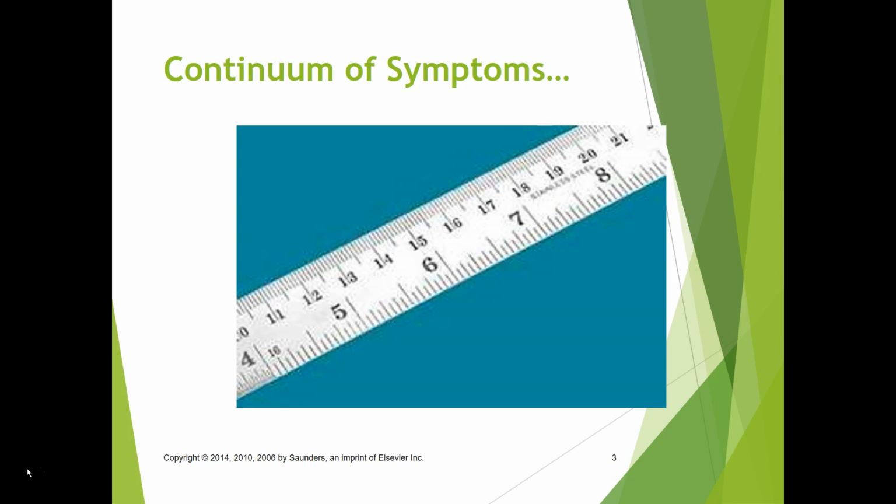You might have a really bad day, go through some really bad stress, and you might just be very down, sad, depressed, anxious about a certain situation that's going on. Maybe on that continuum of symptoms, your symptoms might be pretty high for a period of time. But that doesn't necessarily mean that you have a diagnosable mental illness. It just means that you're going through a period of stress.